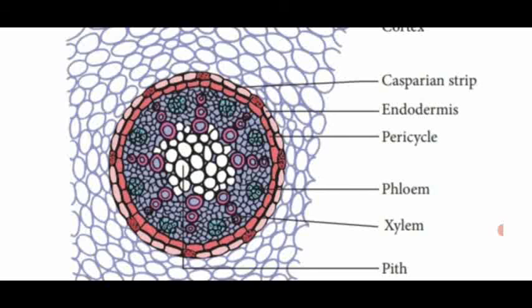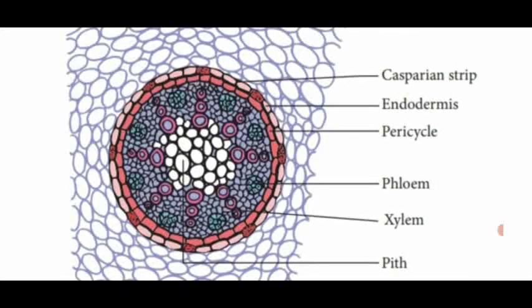Inner to the endodermis is the stele. The stele is divided into 3 regions. Note it down. In dicot, 2 regions: pericycle and vascular bundle. But in monocot root, pericycle, vascular bundle and pith region.